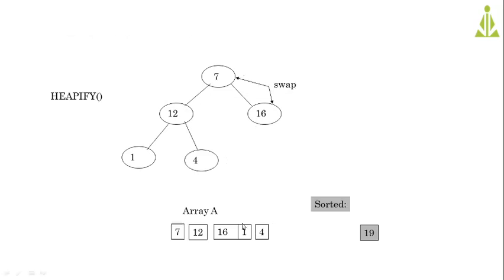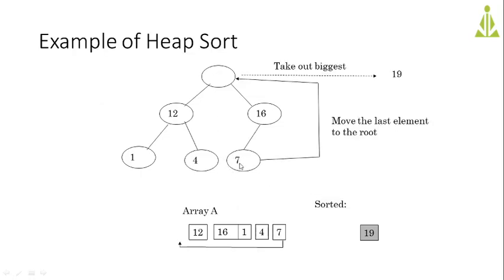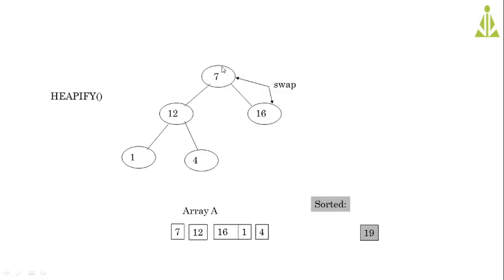In the second step, after sending 7 to the root, 7 is the root node now. Then we need to check with the help of the heapify algorithm. If the child node is greater than the root node, we need to swap the data.